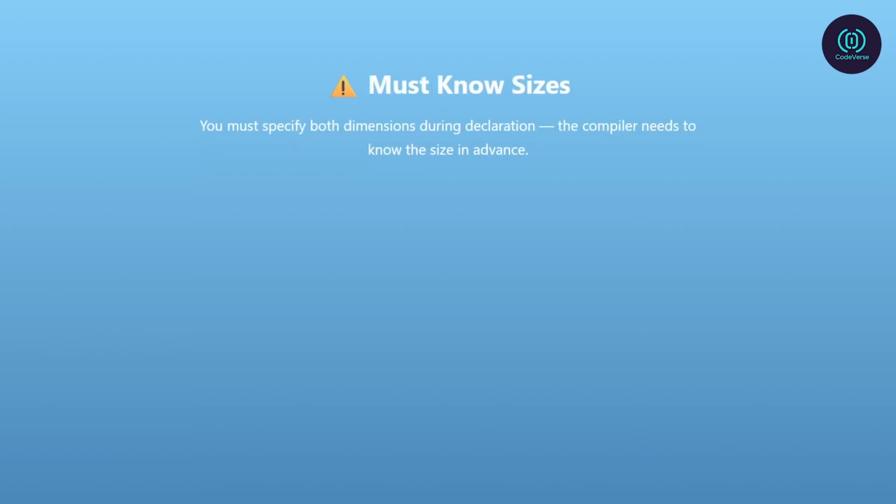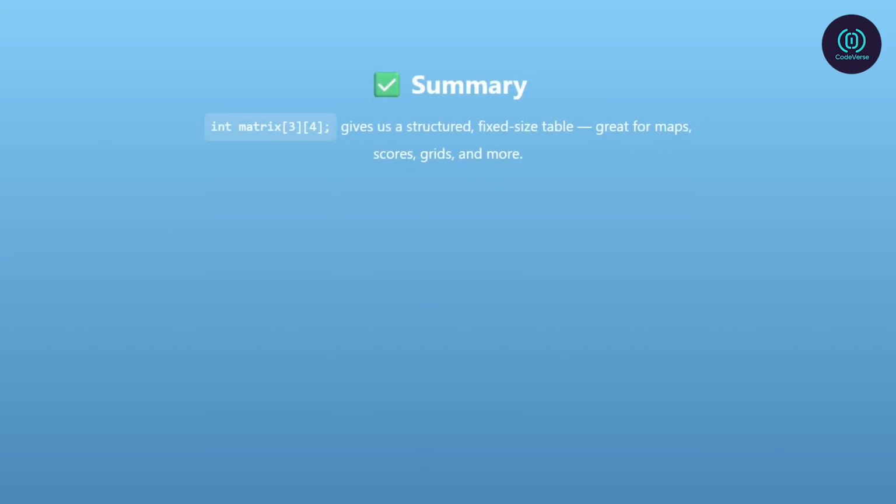Also, note that the size of each dimension must be known at compile time. This means you need to specify the dimensions explicitly unless you're using modern dynamic structures like vectors. So to summarize, a declaration like int matrix[3][4] gives you a simple, fixed-size 2D array. A structured way to organize data in rows and columns, perfect for tables, maps, and more.